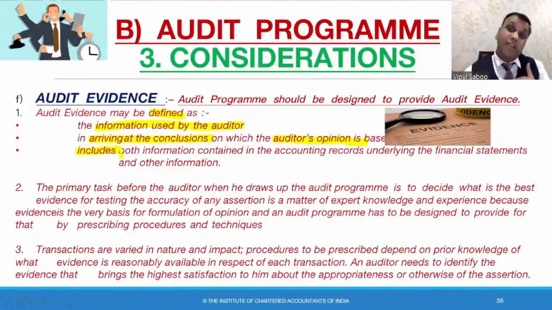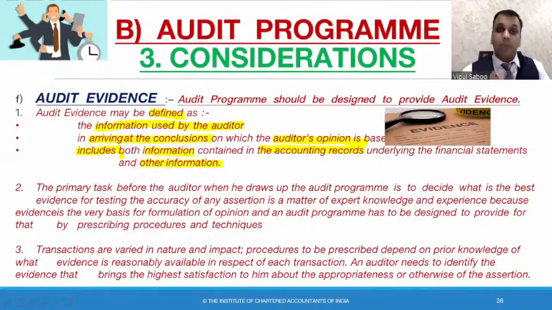So in arriving at this, I concluded that the purchase is fake and I'll base my audit opinion upon that particular evidence. And what does audit evidence include? The audit evidence includes both information contained in the accounting records underlying the financial statements and other information.